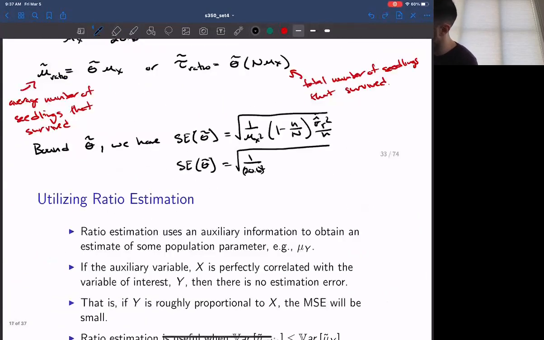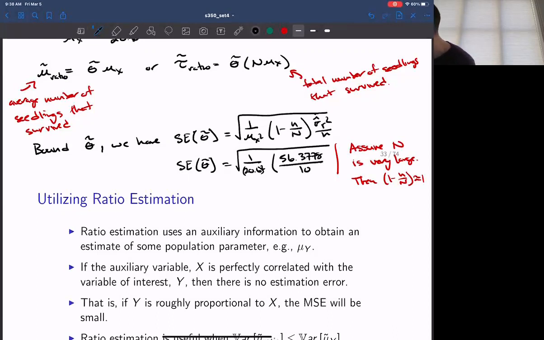So that factor is approximately 1, and then multiplied by sigma r squared, which is 56.3778, divided by 10. This gives us 0.11.